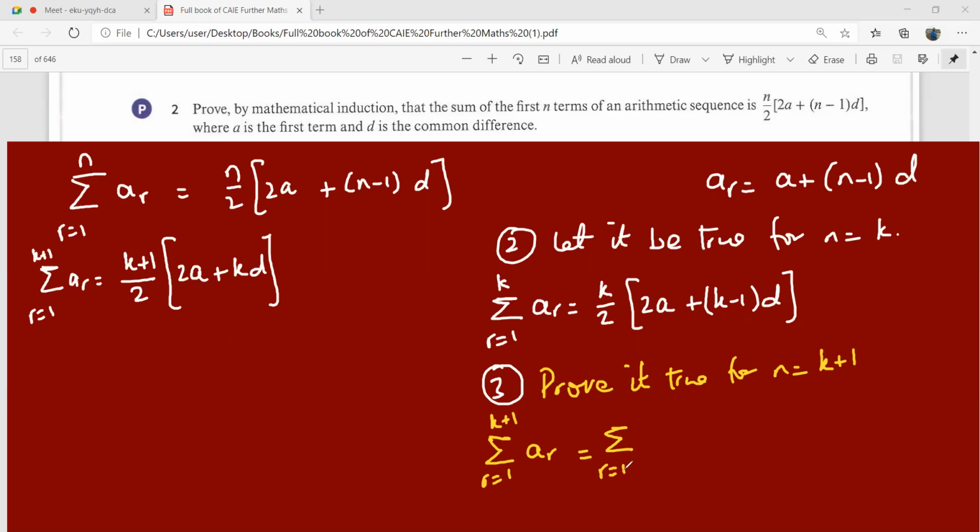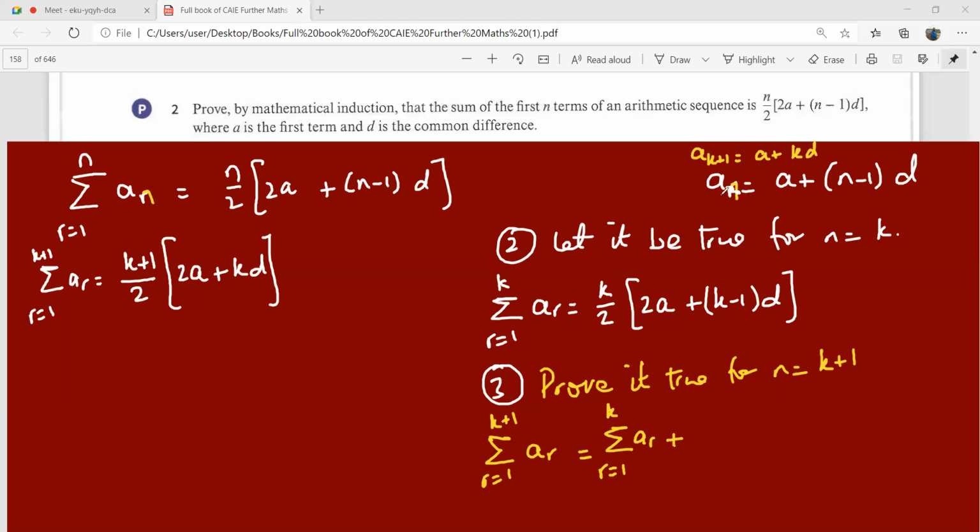Can I say this is the sum from r equal to 1 to k of a_r plus the k plus 1 term, which would be a plus kd? Like if you have to find the 10th term, you change your n with 10; if you need the 50th term, 50. In fact, I should be writing a_n here.